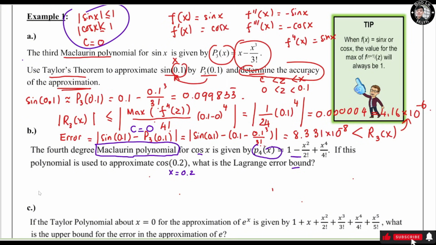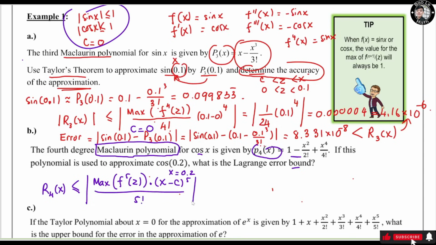So we have R sub 4 of s is always less than or equal to the absolute value of the maximum of the fifth derivative of z times s minus c to the power of 5 over 5 factorial. Now we're going to substitute values.